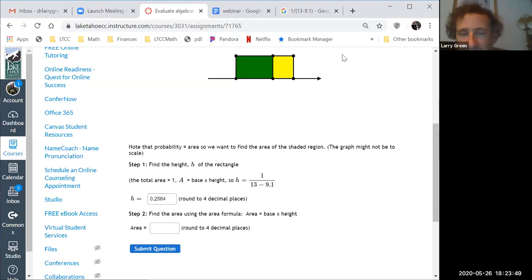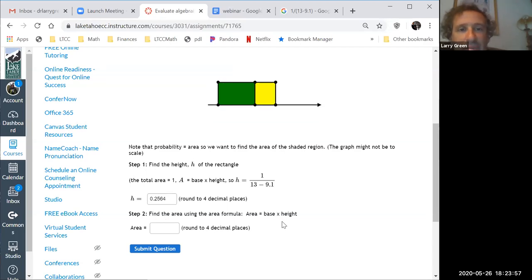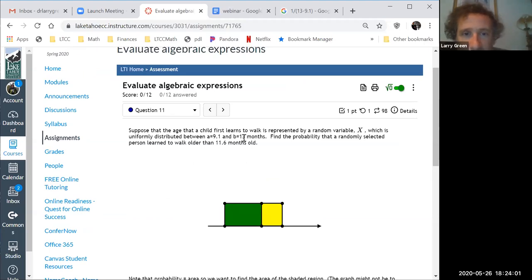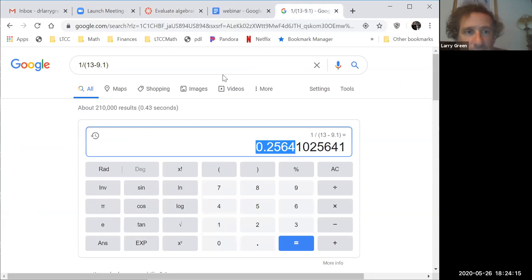Okay, good. 0.3590. So the way you do this is you take the base by taking 13 minus 11.6. So it's always the far right minus the far left of the rectangle we're looking at. It's this yellow rectangle. So the base is 13 minus 11.6. The height is that fancy number.